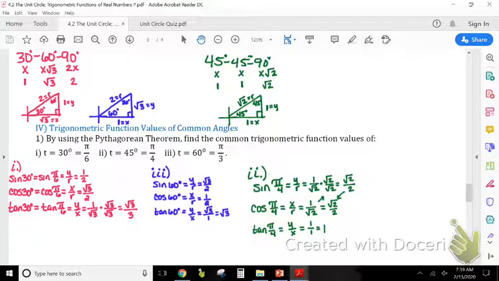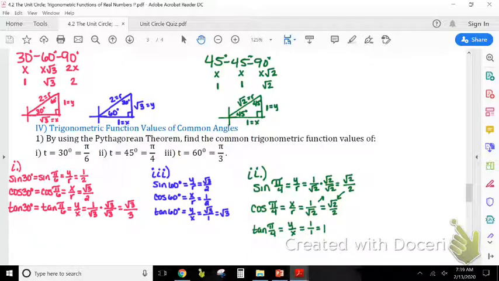Now, remember, we're going to pull this out of this here. So remember, we said what was sine in terms of x, y, and r? Y over r. And if we're on our unit circle, what is r? It's a radius, but what number is it? It's 1.